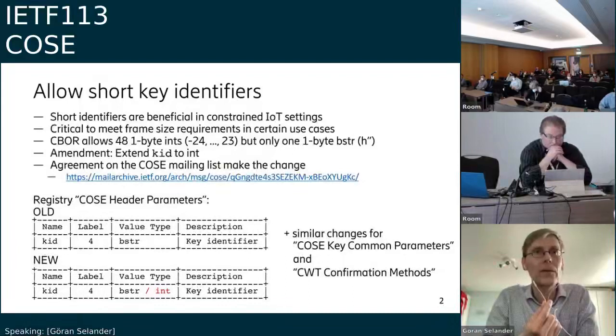So the COSE parameter KID, key identifier, is currently restricted to byte strings, and CBOR byte strings are typically 2 bytes or more, except for the empty byte string, which is a very special identifier. And in order to allow more 1-byte identifiers, we propose to extend the KID value type to ints, CBOR ints, which have the order of 50 1-byte identifiers.